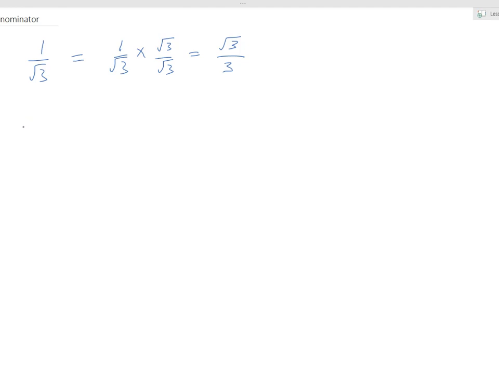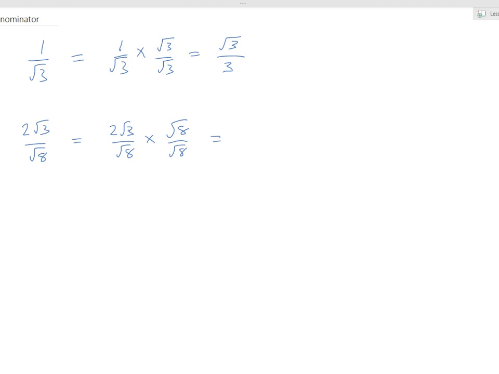In this case I've got 2 root 3 over the square root of 8. So again, we want to get rid of the square root of 8 on the bottom. So I do 2 root 3 over root of 8, and I multiply that by the surd in the denominator, root of 8 divided by root of 8.